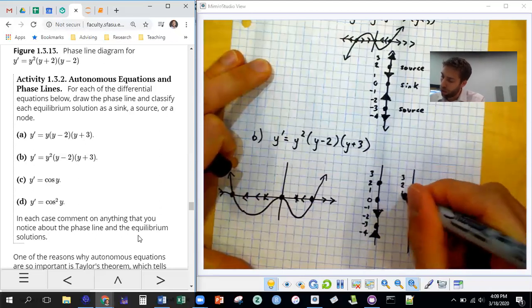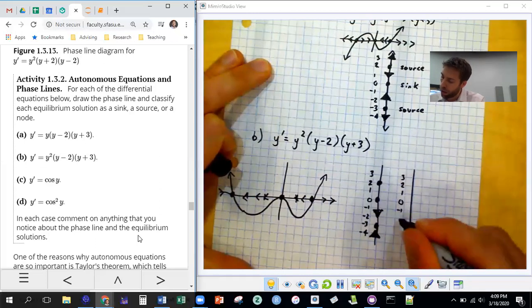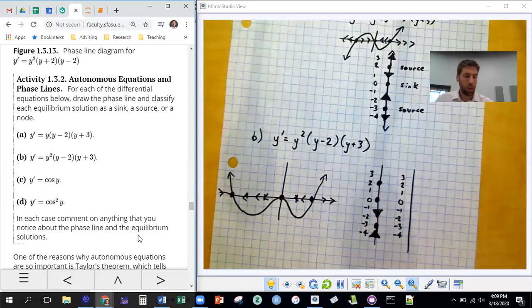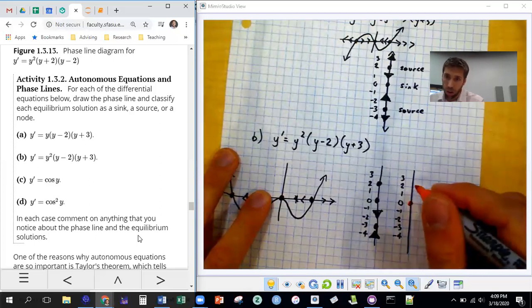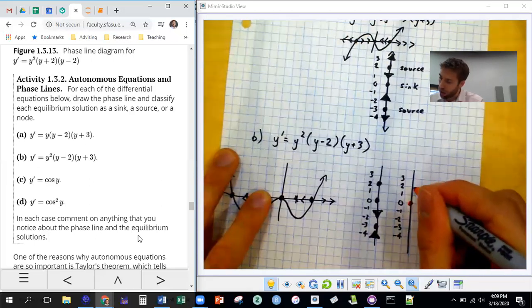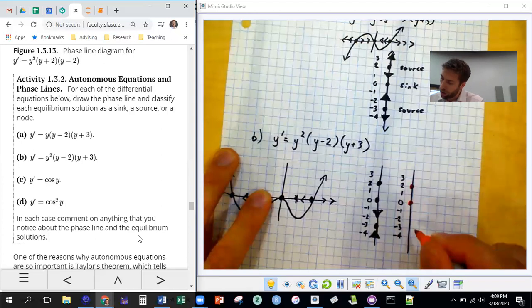3, 2, 1, 0, -1, -2, -3, -4. And then let's make our equilibrium points orange. And so we've got 0, 2, and -3.